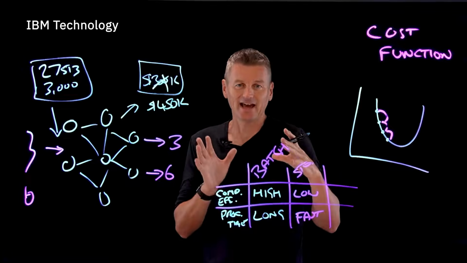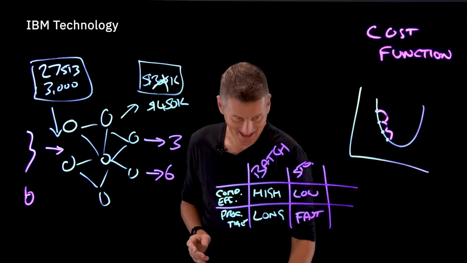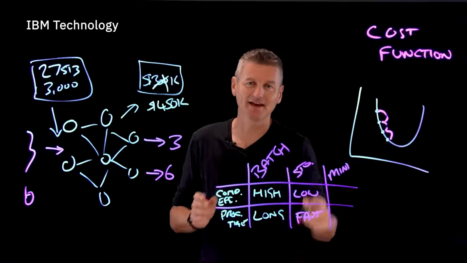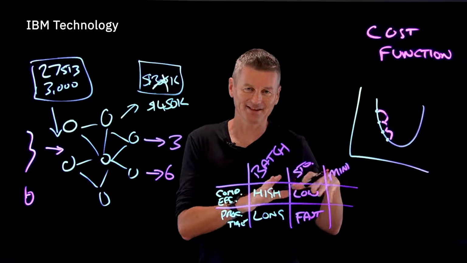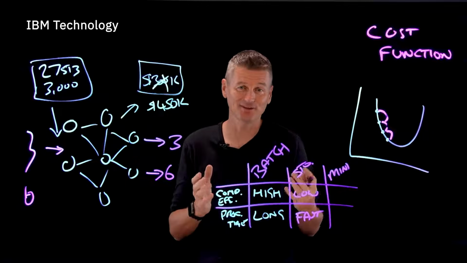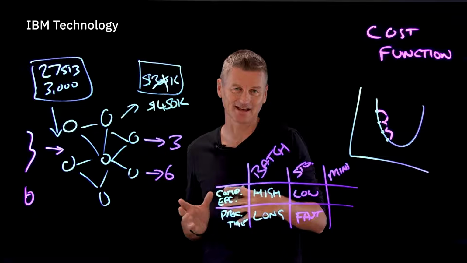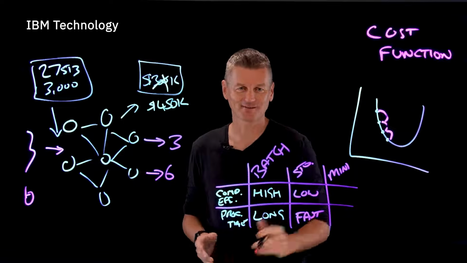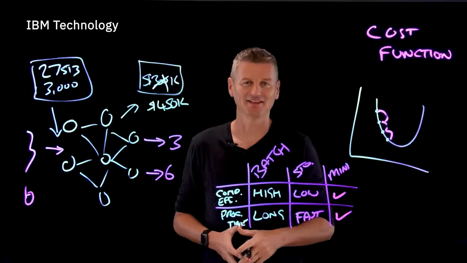Now, there is a happy medium, and that is called mini batch. Mini batch gradient descent splits the training dataset into small batch sizes and performs updates on each of those batches. That is a nice balance of computational efficiency and of speed.